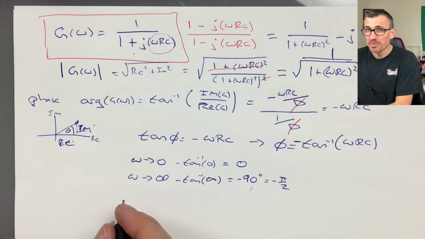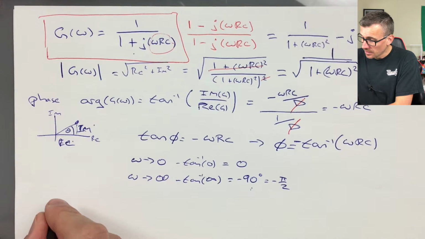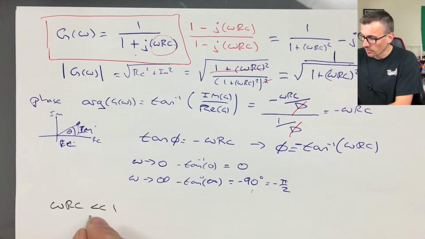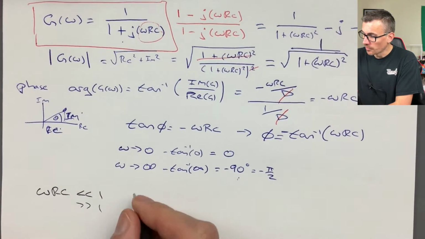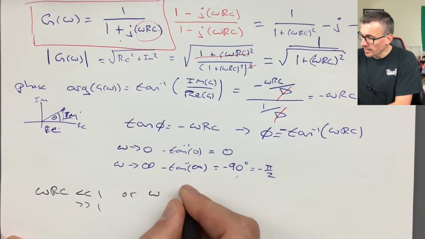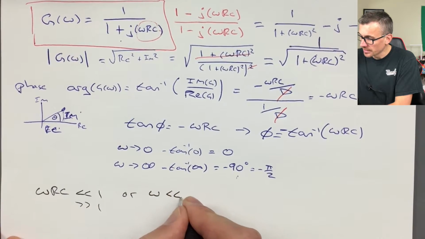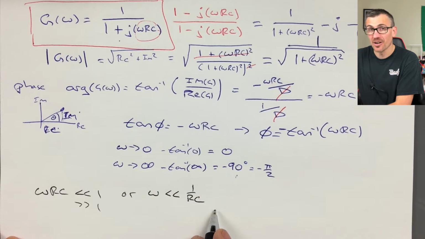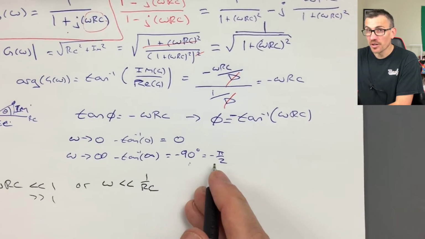So the frequency being big or small means that omega RC is much less than 1 or much greater than 1, or omega is much less than 1 over RC. So this RC, like in our RC filter, is again a very important frequency.